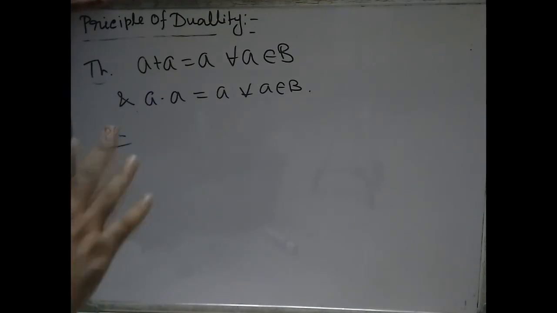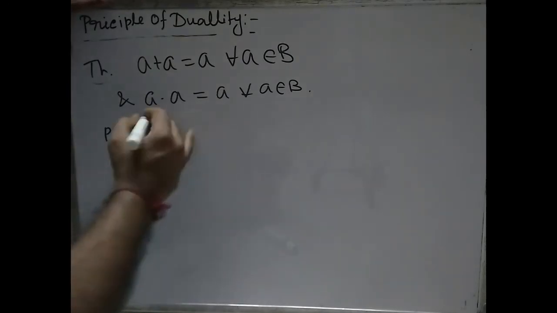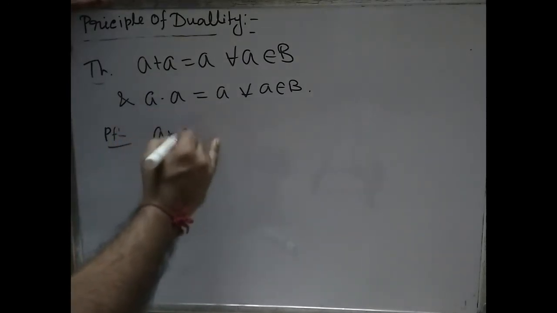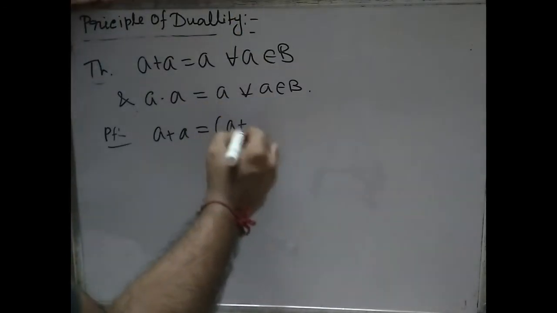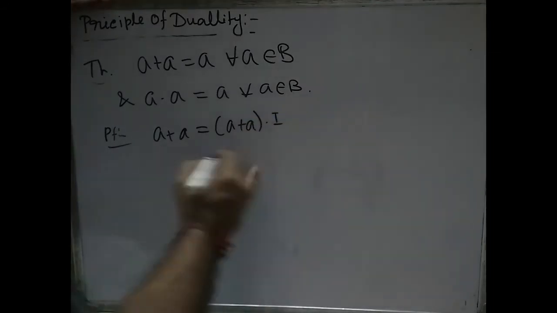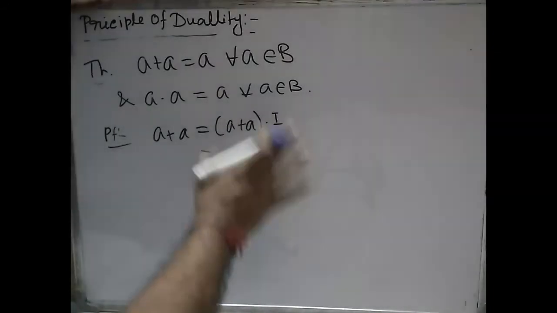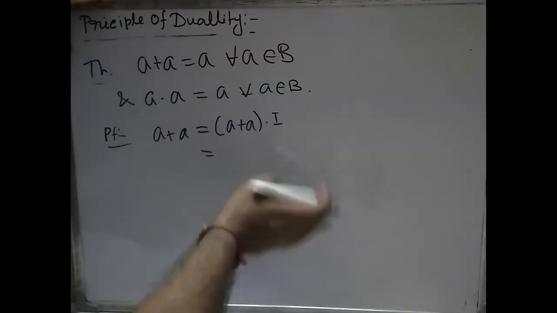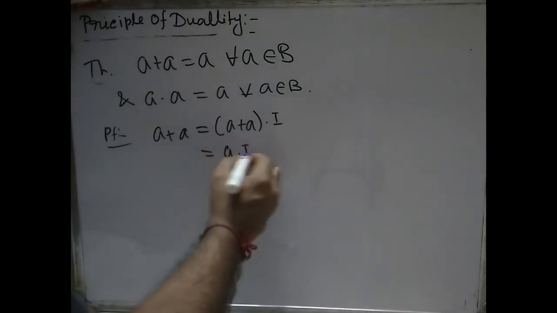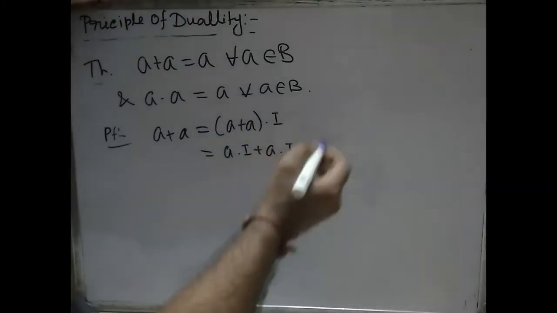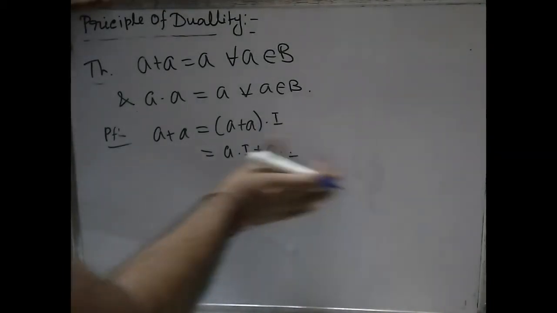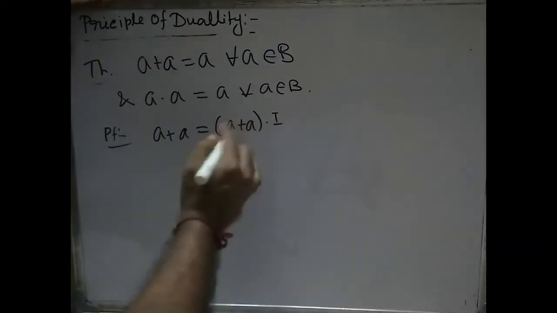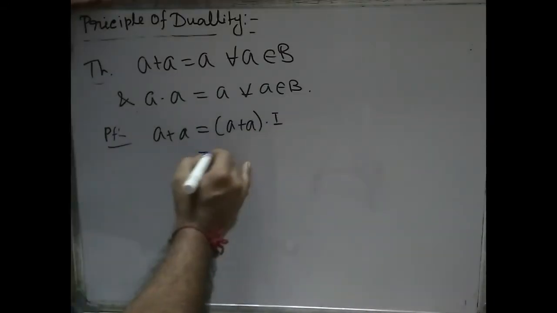See, consider this a plus a. Now this means a plus a dot I. Since dot is distributive over plus, so a dot I plus a dot I. But this step is not useful to us.